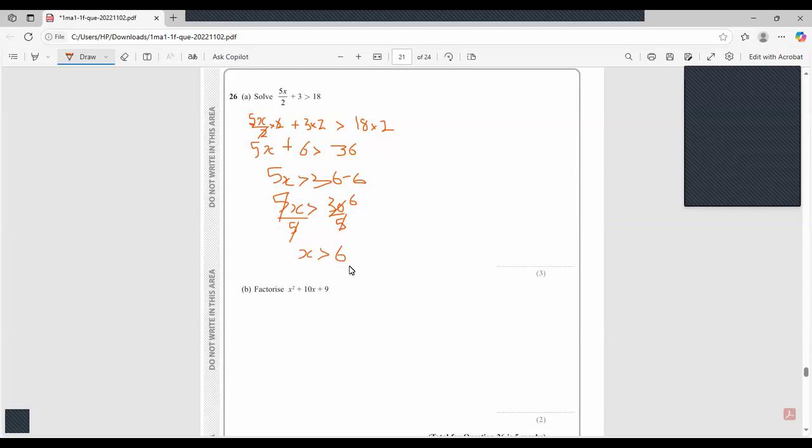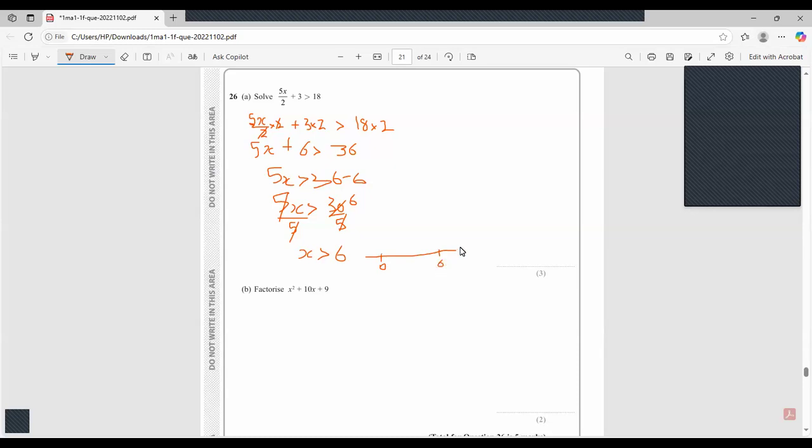Sometimes inequality questions, they may ask you to represent your answer on a number line. So if I were to represent x greater than 6 on the number line, it's very simple. I'll draw my number line, right? Gauge where 0 could be, okay? 6 will be on the right-hand side of 0, right? Yes.